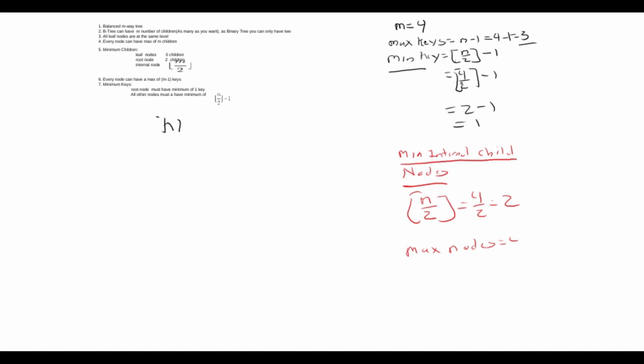All right, this is M of 4, so K1. Our root node can have a minimum of 1 key. And here, we can have, let's put key 2, key 3, key 4.